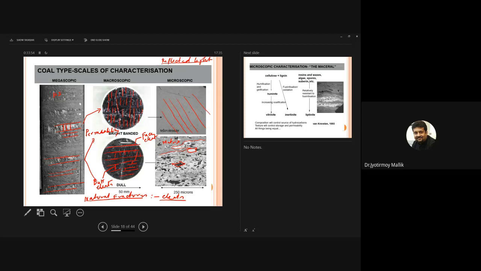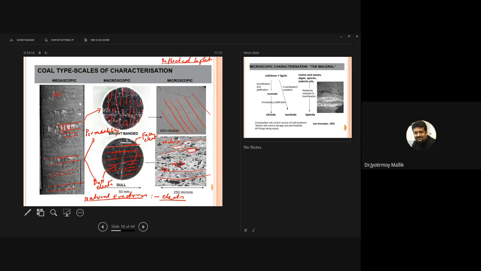You can also observe some sort of banding here, and these blacks are sporadically spread over the coal matrix. So the moral of the story is that coal is not essentially homogeneous. It contains several microscopic components.